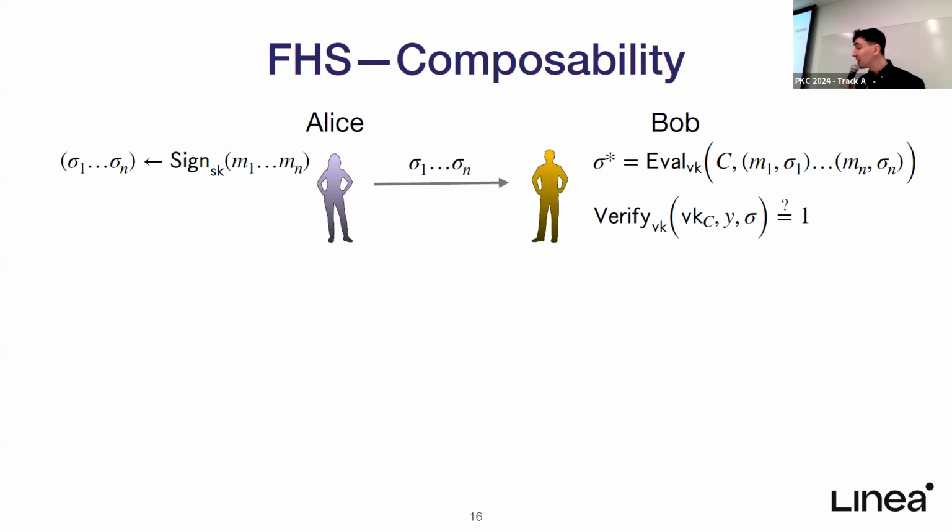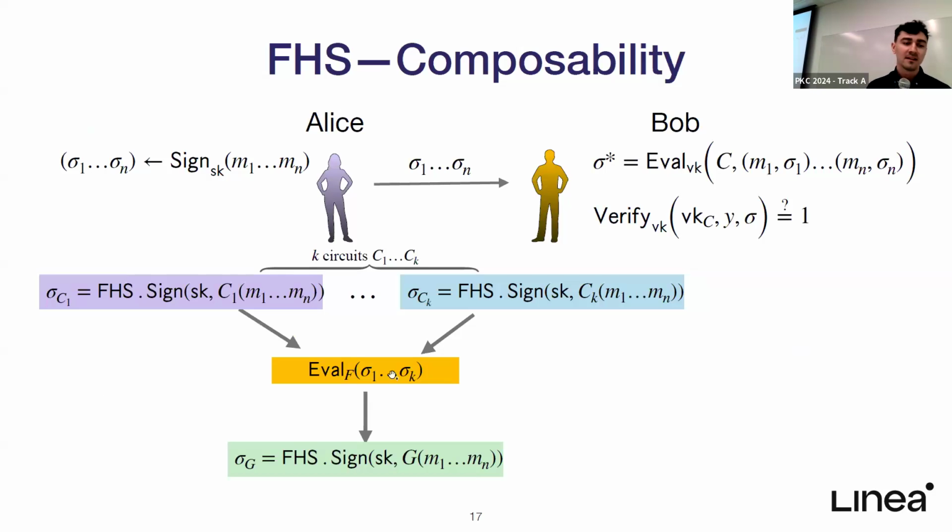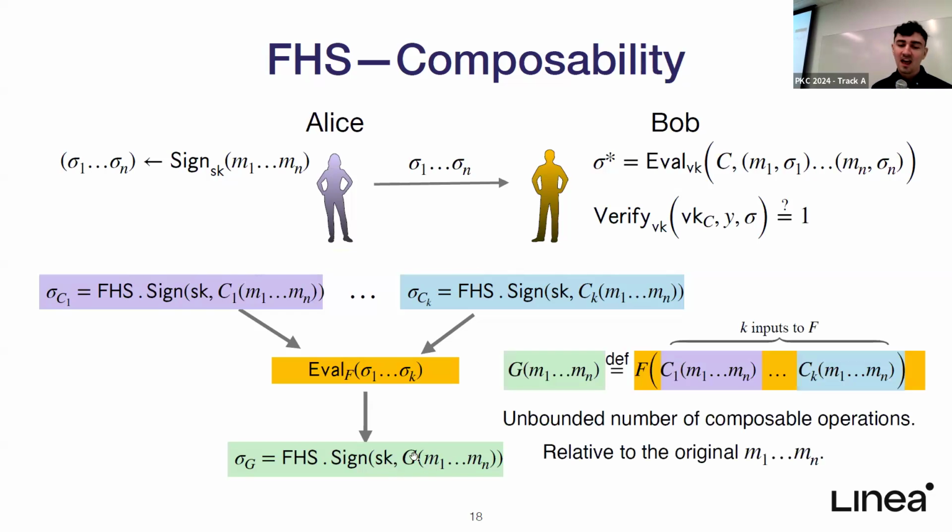And the final property I'm going to talk about is composability. Basically, once I have signatures that correspond to evaluations, these are homomorphic signatures, I want to keep doing that. I want to be able to apply circuits again and again. So formally, you can have some K circuits, C1 to CK, with signatures of the outputs of these circuits. And I want to be able to evaluate some function F to obtain an evaluated signature on this new circuit G, which is of course the composition of the circuits from before.